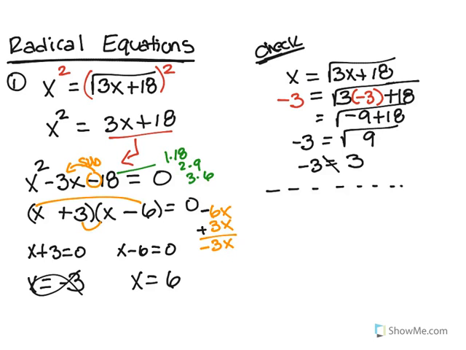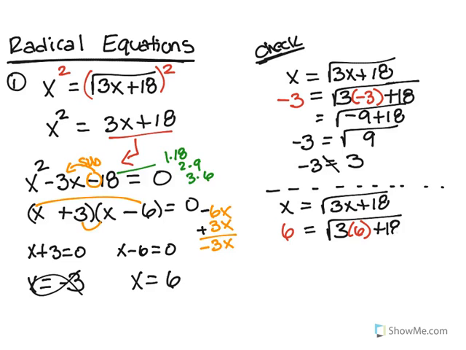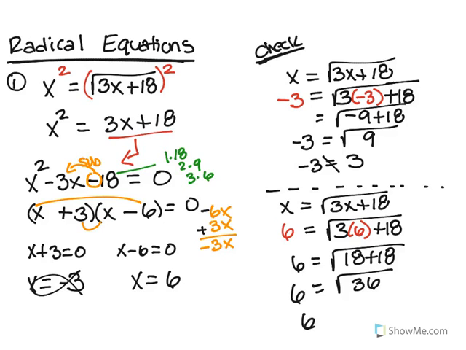Check the 6. So here, you got what? 18 plus 18, which would be 36. And what's the square root of 36? 6.